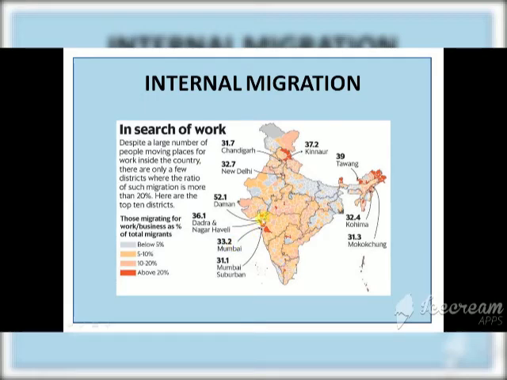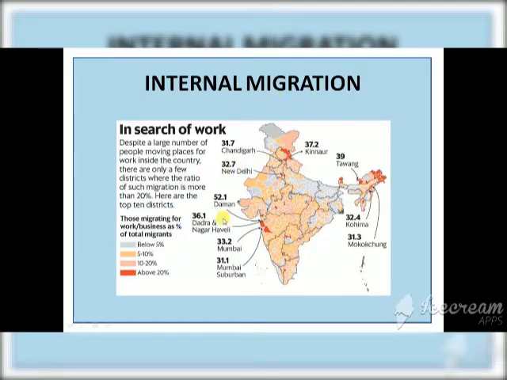One is Daman with 52.1%, then Dadra and Nagar Haveli with 36.1%, Mumbai with 33.2%, 31.1% Mumbai suburban, then Mokokchung with 31.3%, Kohima with 32.4%, Tawang with 39%, 37.2% with Kinnaur, then Chandigarh 31.7% and New Delhi 32.7%.